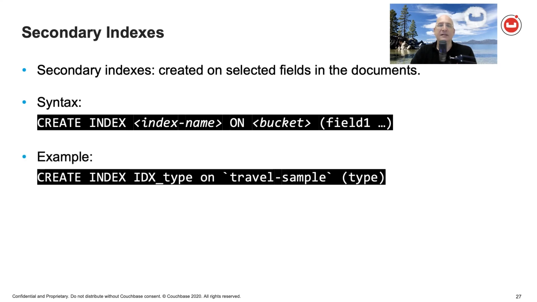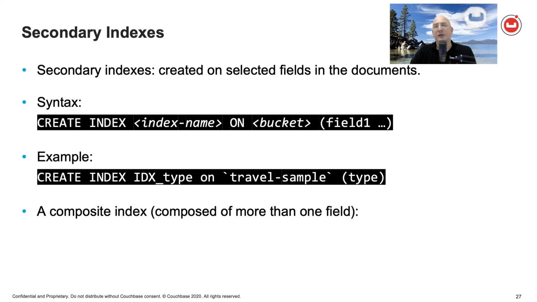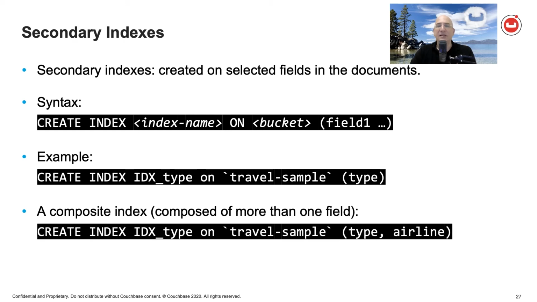And here is an example of creating an index on the field type of the documents in the travel sample bucket. You can also create composite indexes, which are indexes that are composed of more than one field. Just like in this example where the type field and the airline field are both specified.